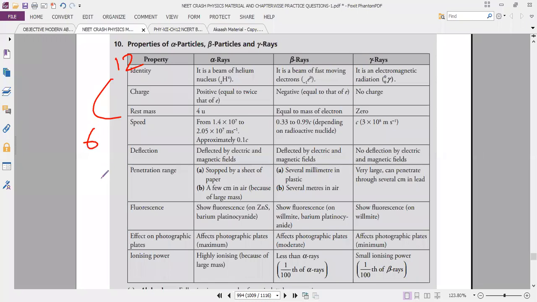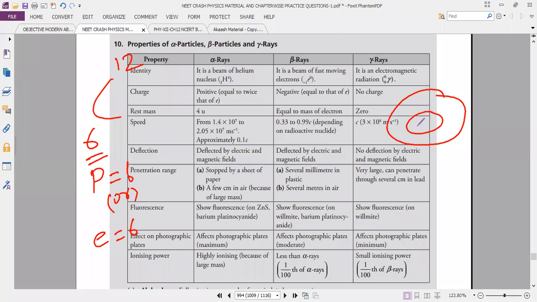So how to calculate the atomic number? Atomic number means the number of protons or the number of electrons. Proton 6, otherwise electron 6. So it is the atomic number. Kindly remember, in any atom, the nucleus consists of protons plus neutrons. In the outer part, electrons are there, revolving around the nucleus.